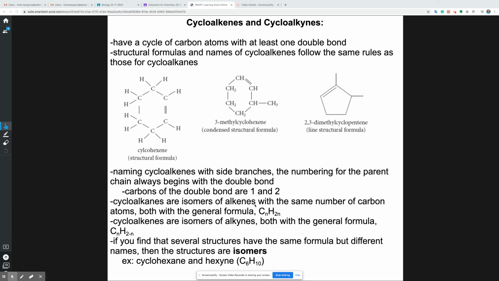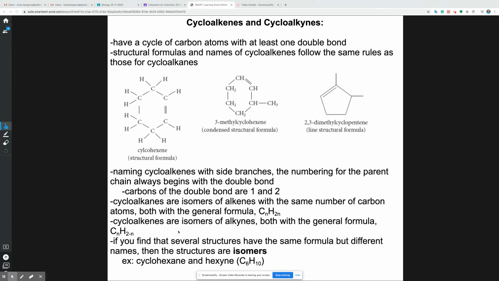Cycloalkanes are isomers of alkenes with the same number of carbon atoms, and both have the same general formula. Isomers mean that they have the same molecular formula, so the same number of carbons and hydrogens, but different structures. So C5H10 could be a cycloalkane or just a 5-carbon chain with a double bond somewhere in there.